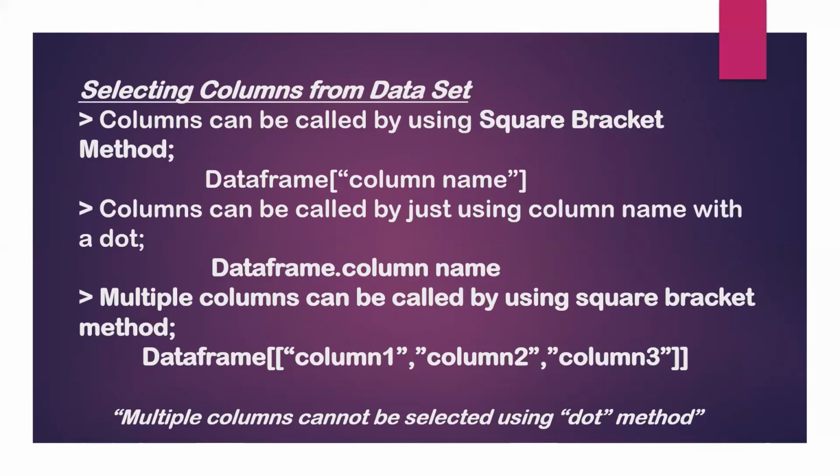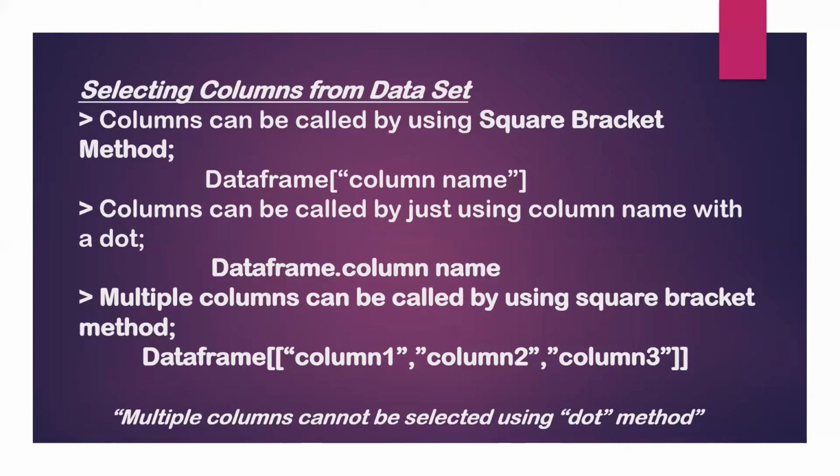But this method had a limitation that it cannot be applied to a column head which contains a special character or a space in its name. So this was the limitation of the dot method.